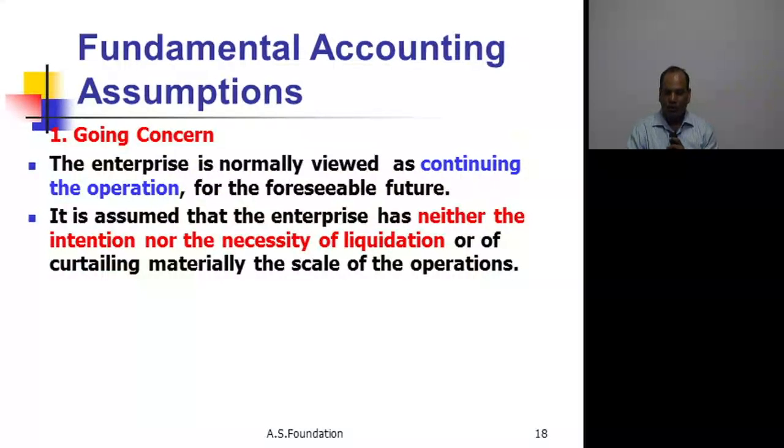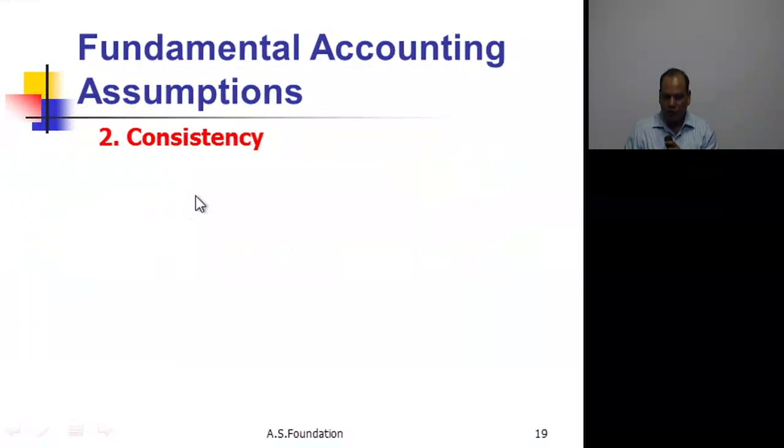Then we will restate the assets at the realizable value, and in that case we may have to record some losses also. This is also a hint given to the users of the financial statement that we may not continue in the future, so that they can take the necessary decision which they want.